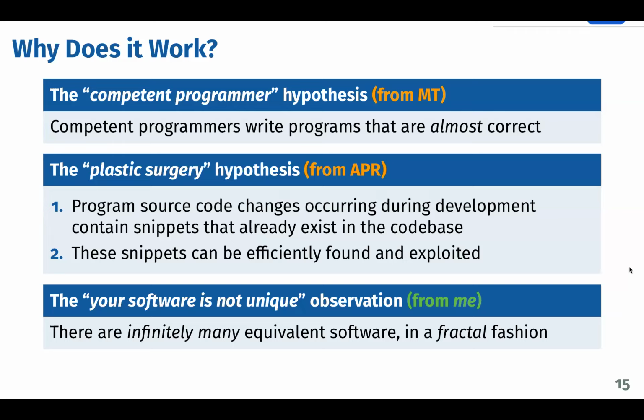From these two, I want to add one that is from myself, is that there are infinitely many equivalent software, and basically your whole search space, or at least locally, is fractal. That is, there are many duplications of the entire search space within your search space. Basically, if there is a good variant which is close to your original software, you can do a few transformations, many transformations, and it won't change that the variant that you are looking for is still close, as in the original search space.